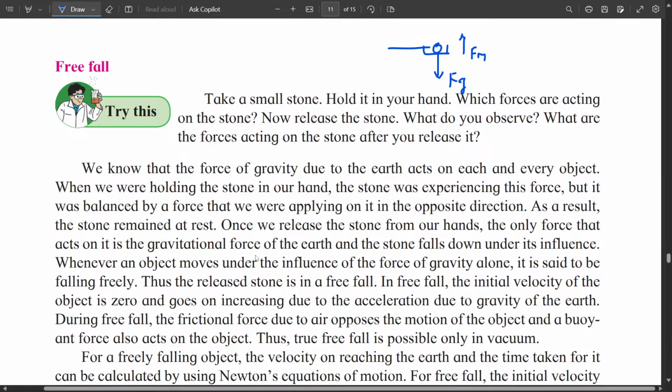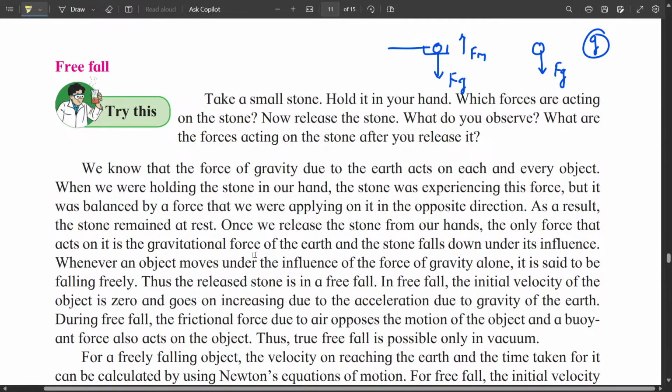But if you leave the stone, then it will fall with an acceleration small g, the gravitational acceleration. Its speed will increase by 9.8 meter per second every second. So that is the gravitational acceleration.